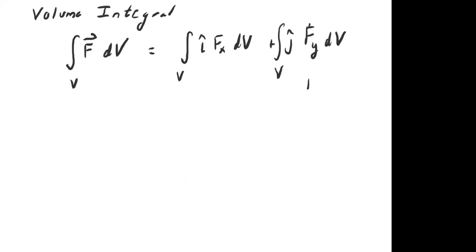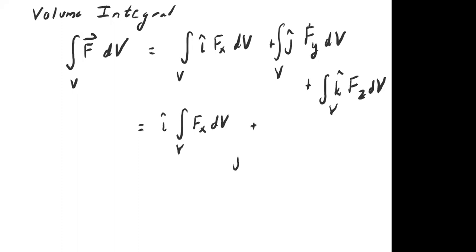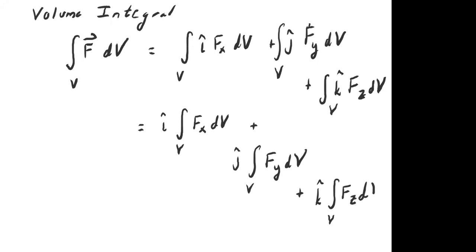then my volume integral simply reduces to doing 3 individual integrals. And then remember, the unit vectors are just constants. So they come out. And so for this case, what was a big headache, namely evaluating a volume integral involving a vector, reduces to evaluating 3 ordinary scalar integrals.